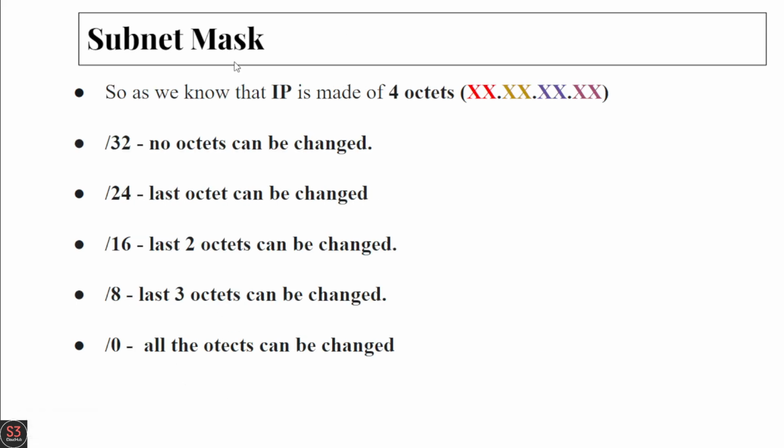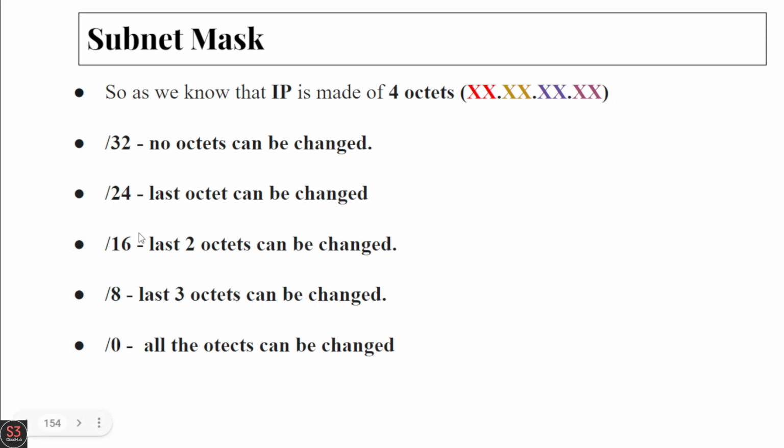So now let's talk some more about subnet mask. As we know, the IP is made of 4 different octets. So this is the first octet, this is the second octet, this is the third, and this is the fourth octet. In a subnet mask, if we have /32, then no octets can be changed in our IP. If we have /24, then only the last octet can be changed.